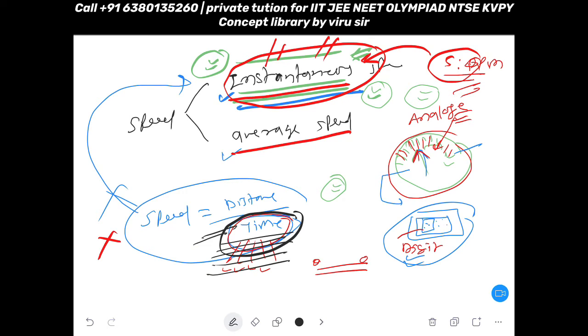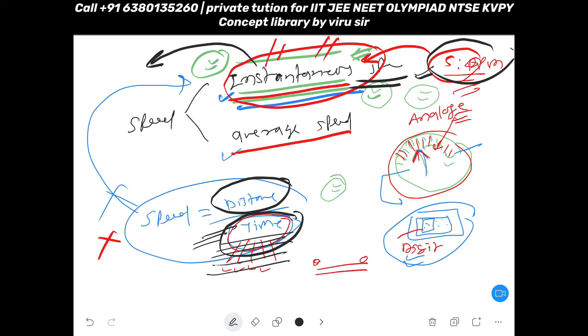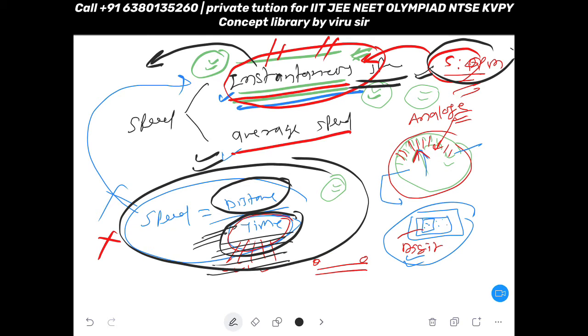In this much time you travel this much distance, but instantaneous speed needs an exact particular value, like what your speed was at that time. So how will you find instantaneous speed, and how will you find average speed? The formula you are seeing here is only valid for average speed.